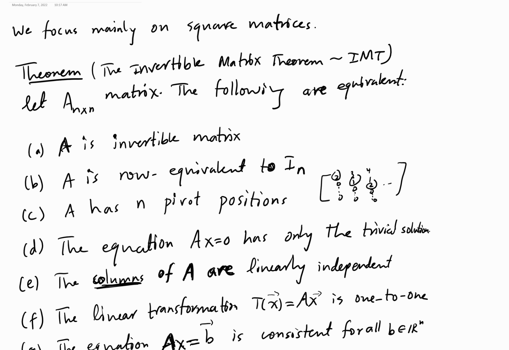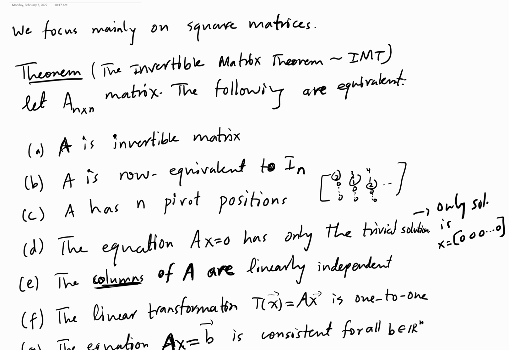What does it mean to say Ax equals 0 has only the trivial solution? Thank you, Justin. He's saying the only solution is x equals 0, 0, 0, all the way. So this means the only solution is x equals 0, 0, 0, and so on, 0.